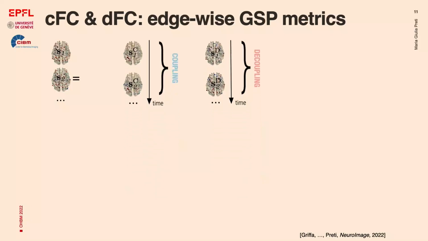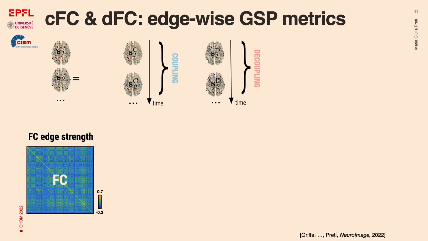We can also measure structure-function coupling at the edge level, a bit like what we do with functional connectomes in general, because we also wanted to compare it afterwards in terms of fingerprinting and task decoding with functional connectivity.